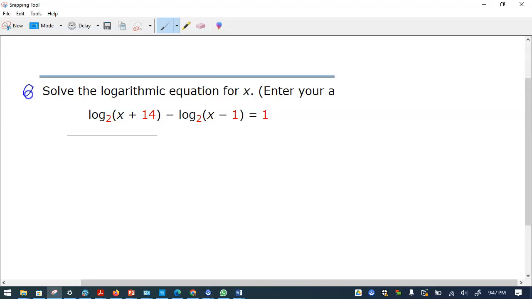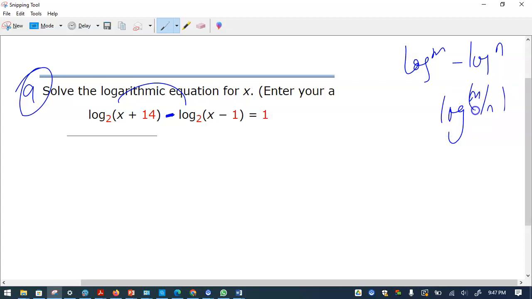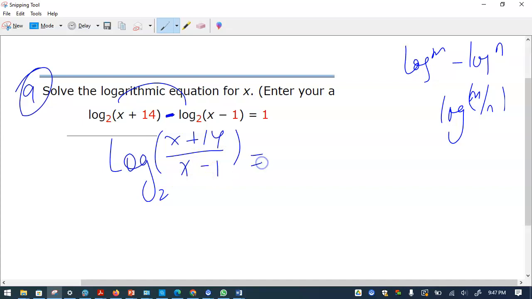Question number 9 has a difference of logs. So log of m minus log of n is log of m divided by n. So all you do is write log once, to the base 10, and take the quotient, and the right side is 1.